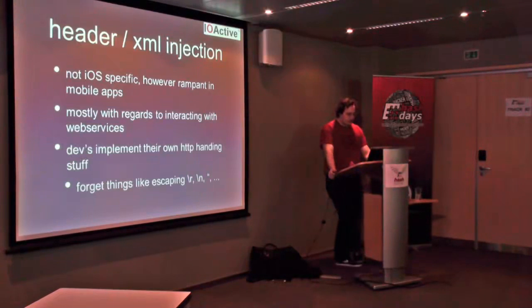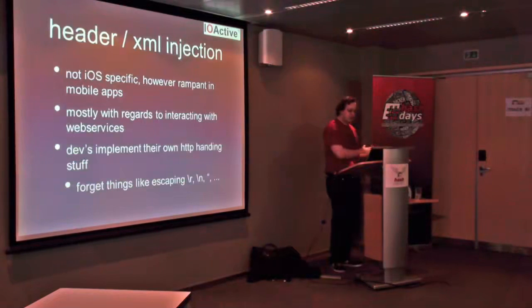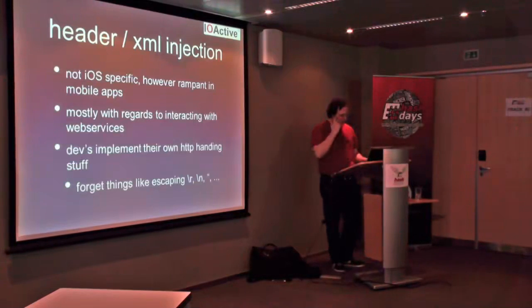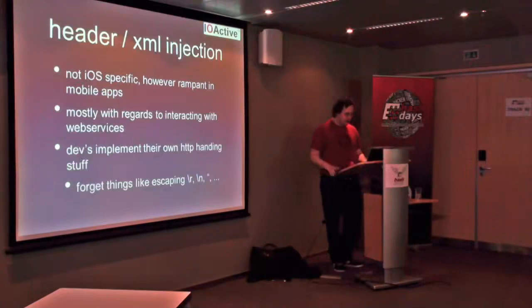And this is actually quite common: it's the same process where you take a piece of data that comes from the service, which you would consider untrusted, and then you send it back in some form to the server as an HTTP header, and then you forget to escape things like next line, and that would allow you to have header injections. Again, not iOS specific, but I've seen it in a lot of iOS apps, so I figured it would be useful to have it in there.